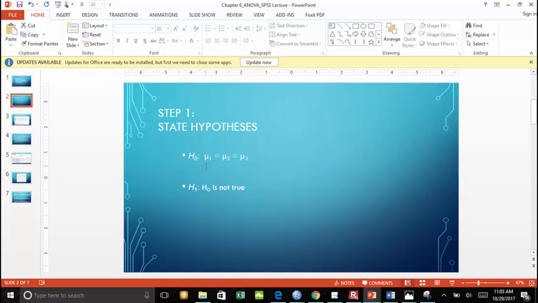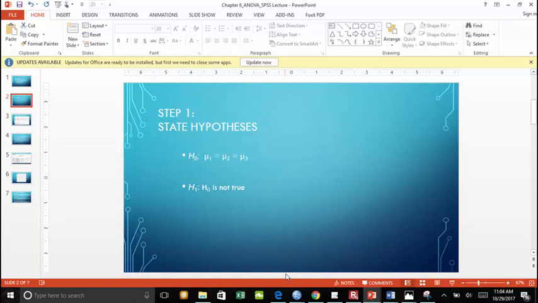The null is that mu for group 1 is equal to mu for group 2 is equal to mu for group 3. And the alternative is that the null is not true. Remember, that's because we don't need every single group to be significantly different from each other. Only one group has to be significantly different from at least one other group for there to be an effect.